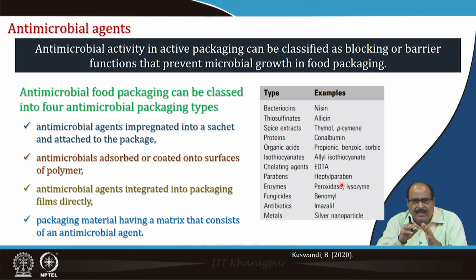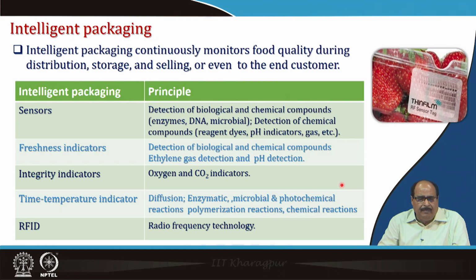Antimicrobial agents are integrated into the packaging film directly, or packaging materials have a matrix that consists of an antimicrobial agent. So, either of these, depending upon the type of the material and the type of the food being packaged, these antimicrobials can be integrated with the packaging system. So, these were the different ways of active packaging systems.